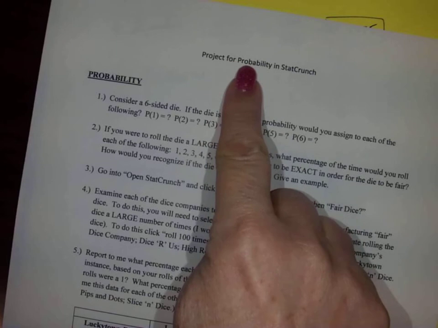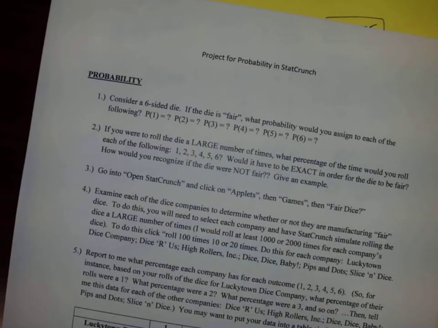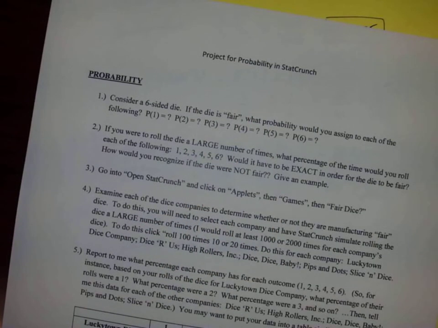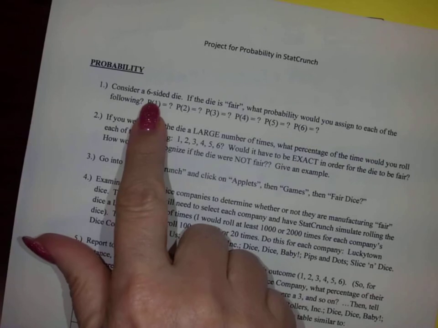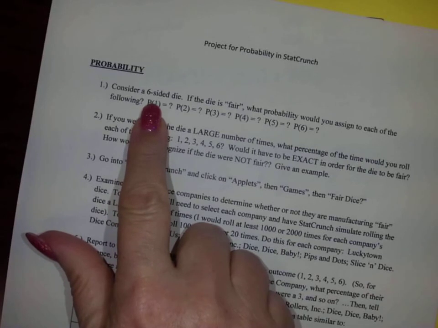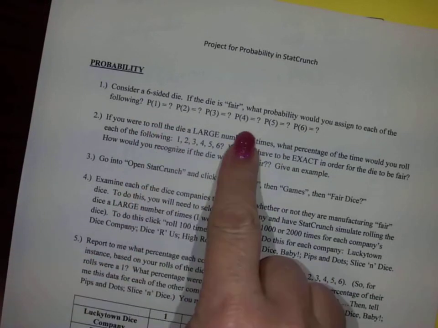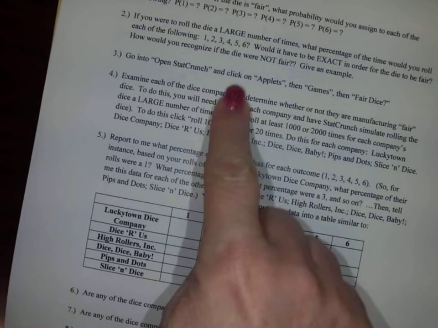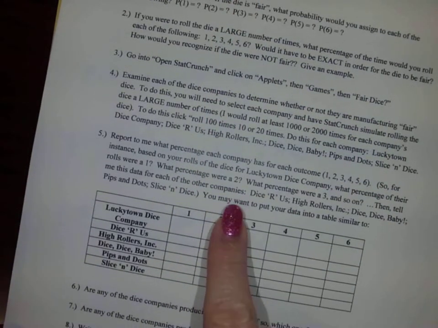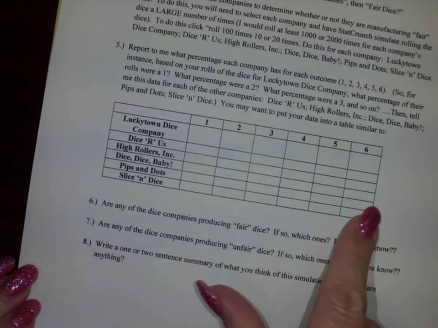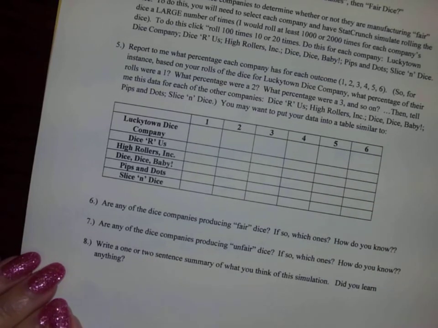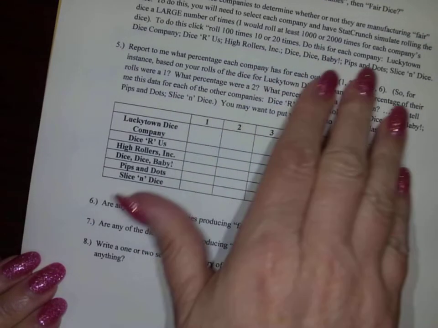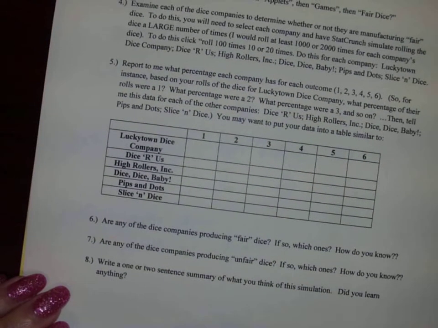All right, now you also have another project to do. This will be in your D2L. It's the project for probability in Statcrunch. So you're going to go into your Statcrunch and you're going to do some different things. So here's some instructions on what to do and how to do it. And then you're going to fill in the table through the apps in there.